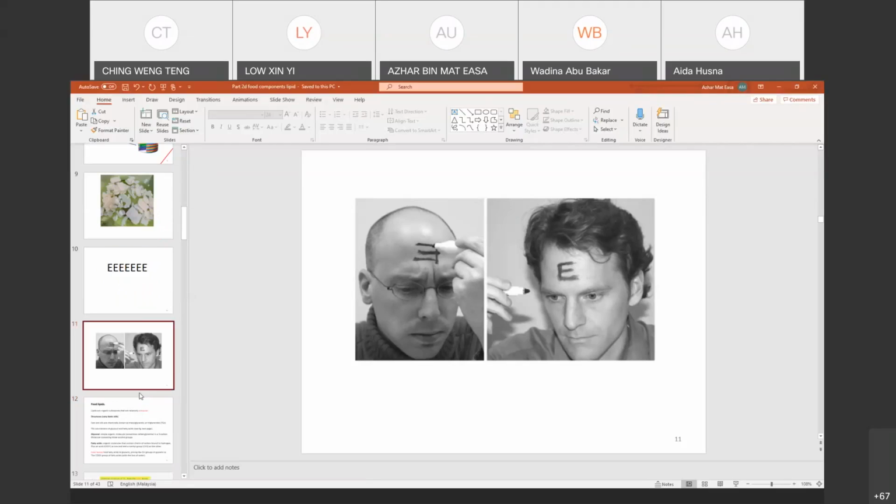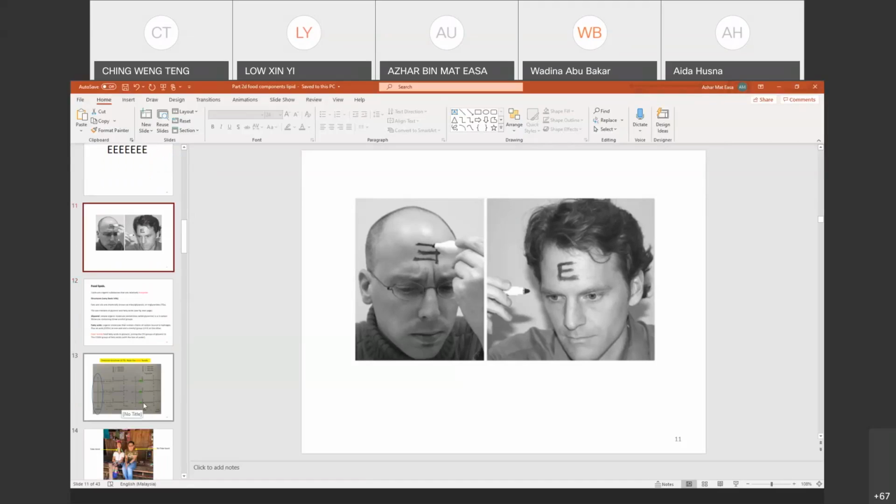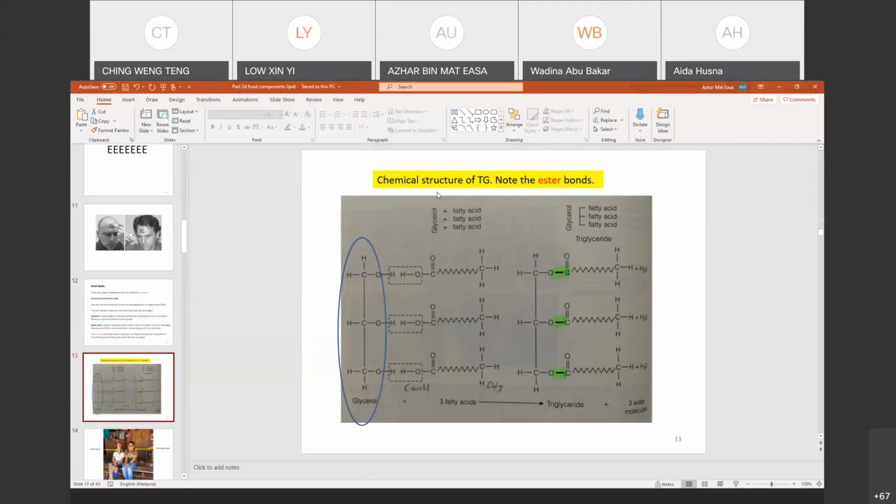Okay, so why am I doing this? This E represents fat. Now you cannot forget about fat. The structure of fat is like that, like E. You see here, it looks like E. All right, so we have glycerol, and then we have fatty acid, fatty acid, fatty acid.